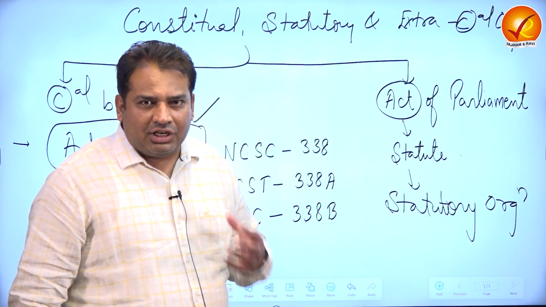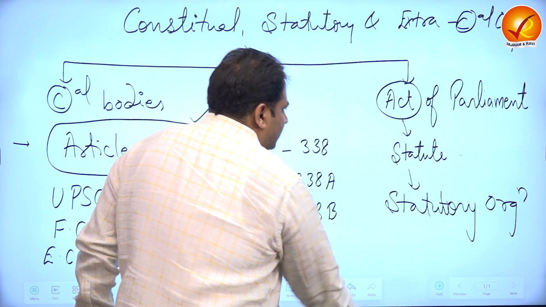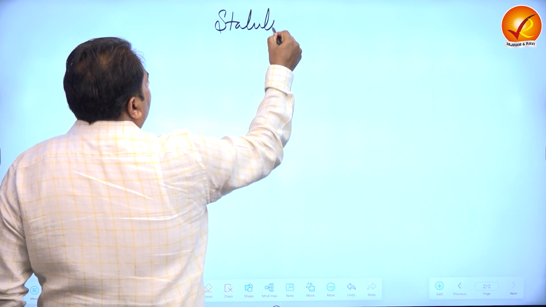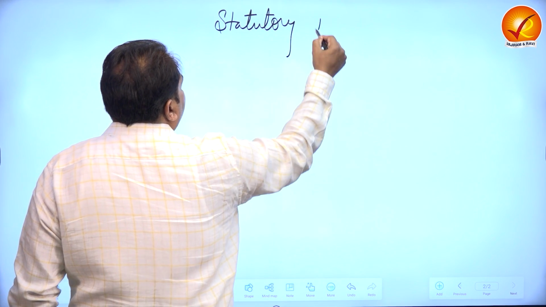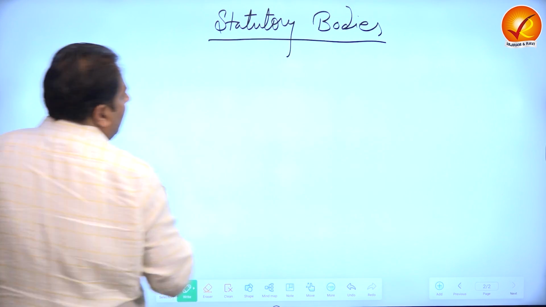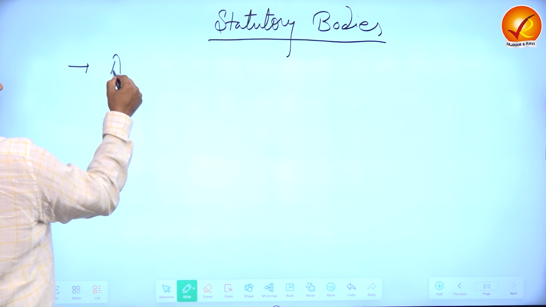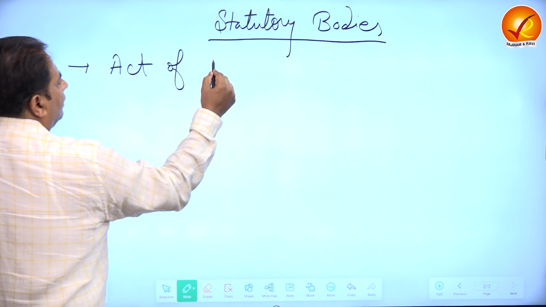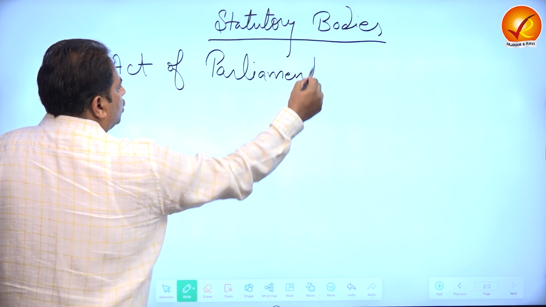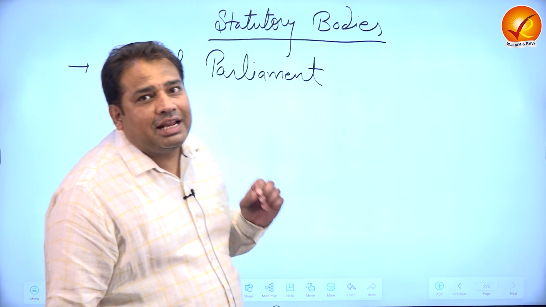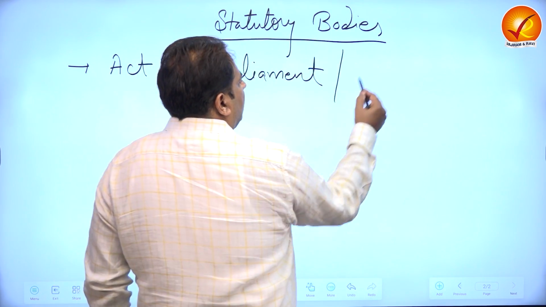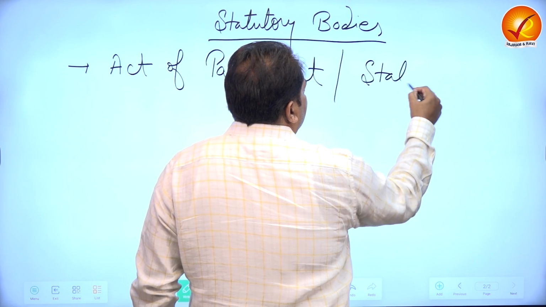And the unique characteristic is what? The statutory bodies are created by an Act of Parliament, and they can also exist in the states, and when they exist in the state, they are created by the state legislature.